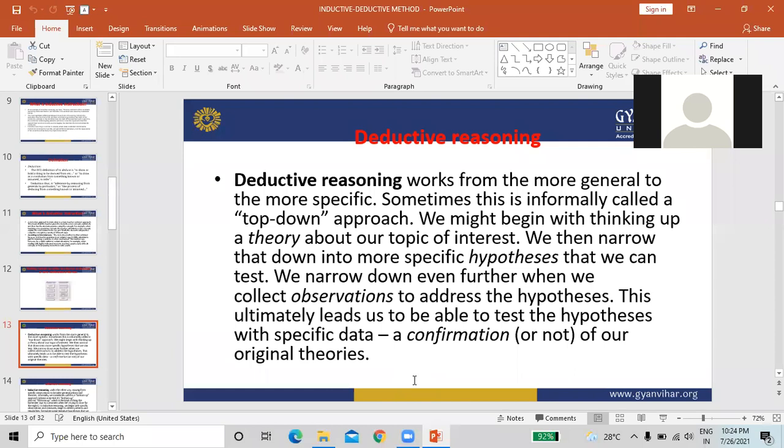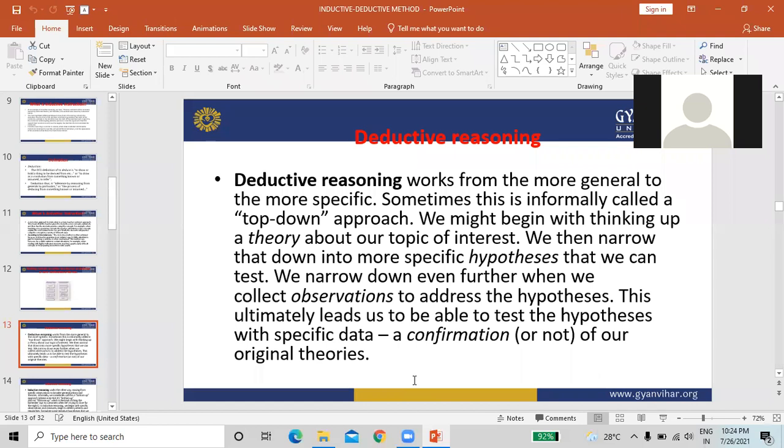Informally, we sometimes call this a bottom-up approach. In inductive reasoning, we begin with specific observations and measures, begin to detect patterns and regularities, formulate some tentative hypotheses that we can explore, and finally end up developing some general conclusions or theories.